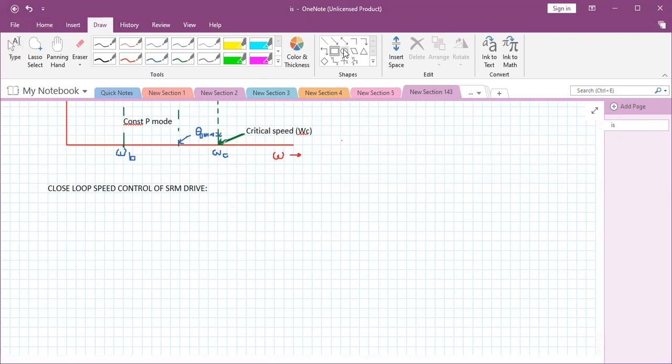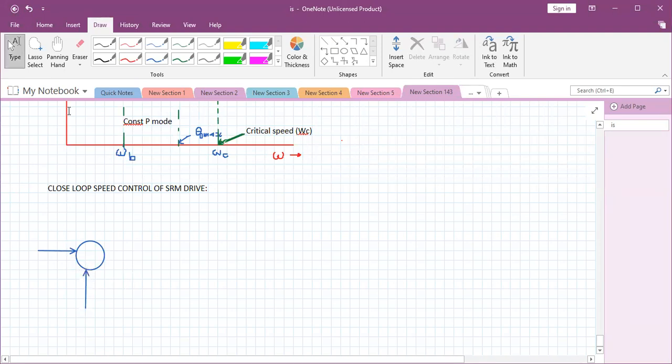First of all, I will take a reference speed over here. Generally, we compare the reference speed and the actual speed. Consider that here my reference speed is there, and here my actual speed is there. Whatever the feedback is coming, that is our actual speed.